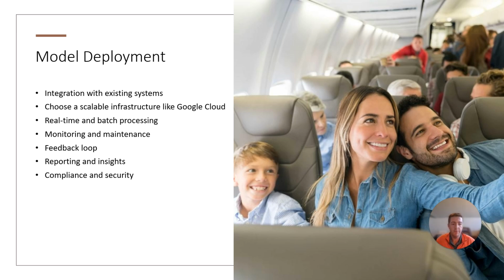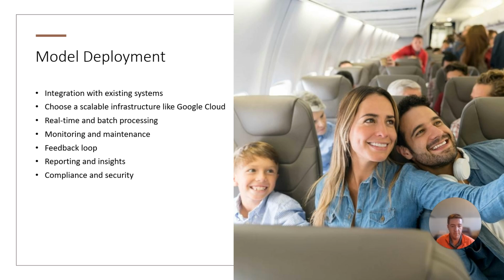So choose a scalable infrastructure, for example, Google Cloud, to handle the data efficiently. Real-time batch processing. Implement real-time prediction for immediate feedback and batch processing for periodic analysis. Monitoring and maintenance. Continuously monitor the model's performance and retrain with updated data as needed.